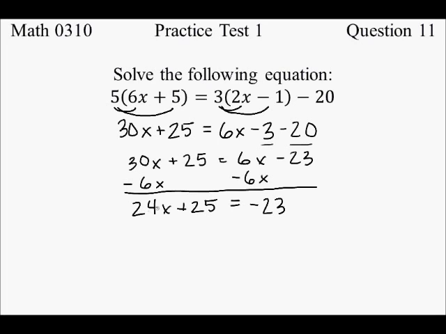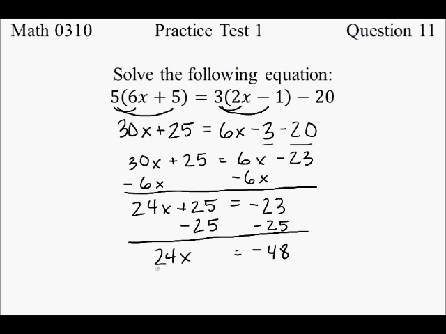Alright, all of our x terms are over here, so we want to get this term that doesn't have any x's in it away from that side. So we need to do the opposite of plus 25. That's minus 25. And so we just have on the left side now 24x left. And we have a negative 23 minus 25, so that is a negative 48 there. And we have 24 times x.